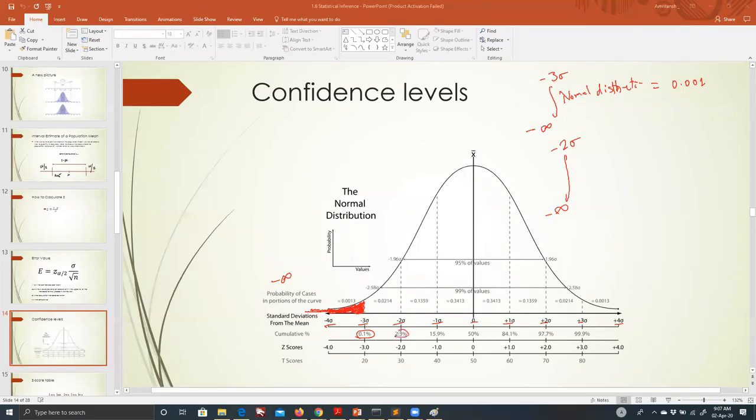So now you understand what this means? It's 2.3, from minus infinity to minus 2 sigma. Very good. I'm just trying to shade with different colors so that it is clear for everyone. So if you take a normal distribution and integrate it like this, you should be able to get this value.